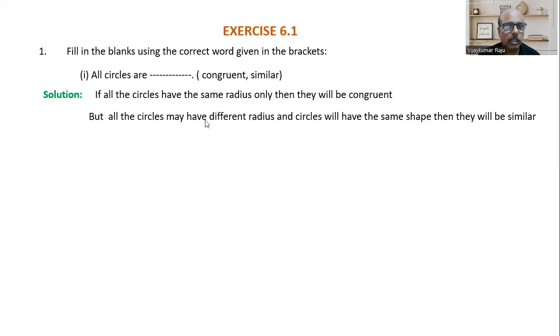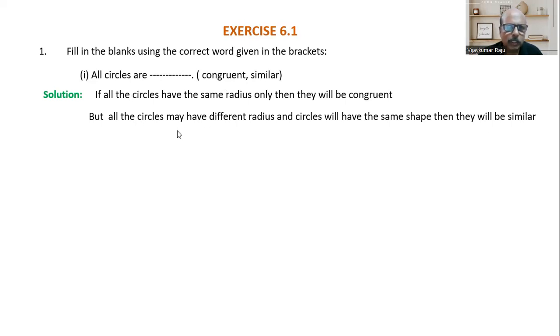But all the circles may have different radii and circles will have the same shape. When they say all circles, they are not specified to a particular radius. So all circles have the same shape, round in shape, but they can have different radii. So they are similar. That means all circles are similar.